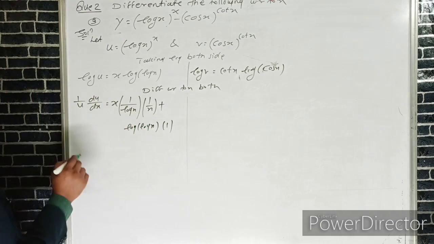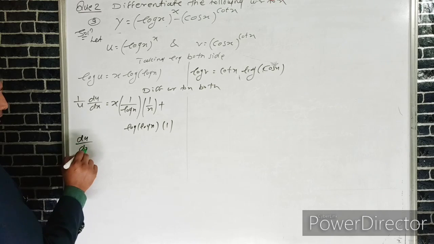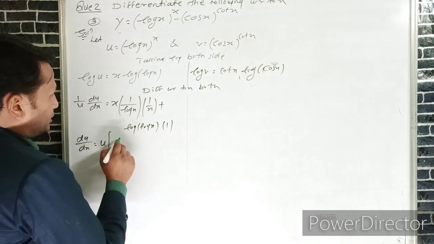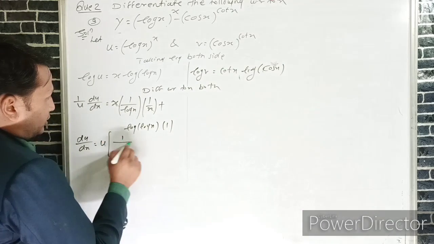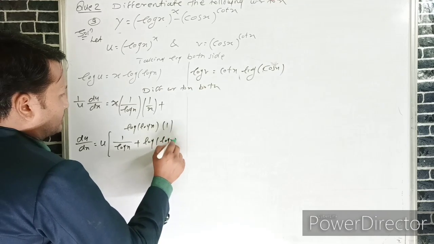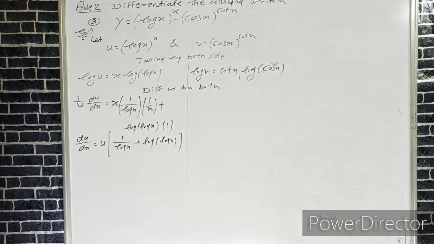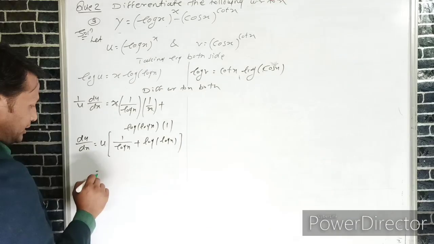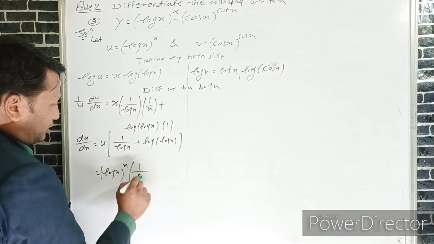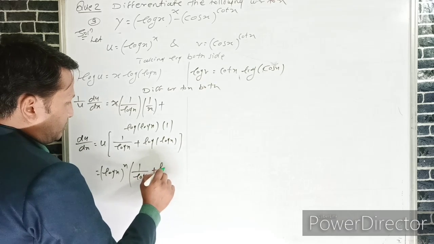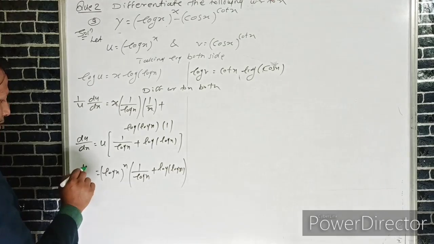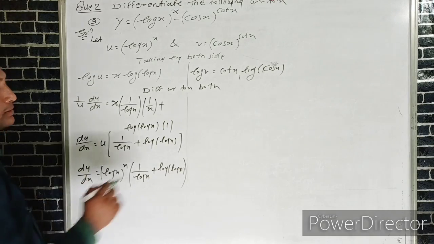If we shift this u to the right side, then we can write du/dx equals u into x into (1/x) into (1/log x), you see here x cancels, 1 upon log x plus log x. The value of u is (log x) whole raised to the power x, so du/dx equals (log x)^x into (1/log x plus log x).